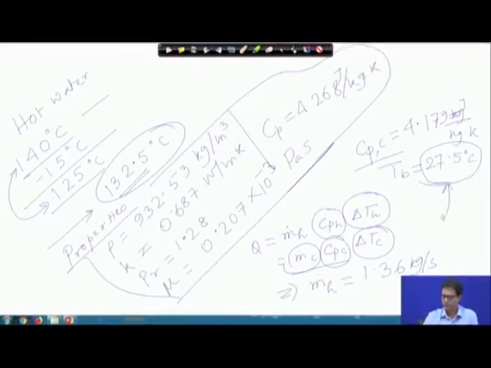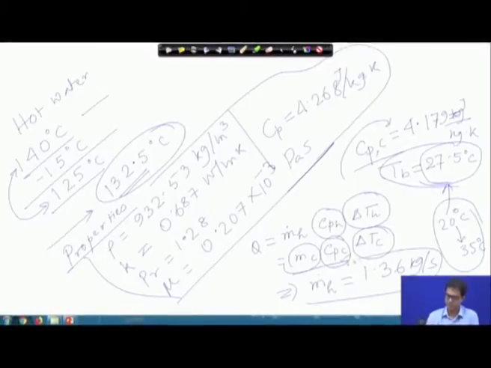We know that cold water is entering at 20 degrees C and leaving at 35 degrees C, so 27.5 is the average temperature of the cold fluid, and at that temperature we have evaluated the Cpc. This is how we know the hot fluid mass flow rate.